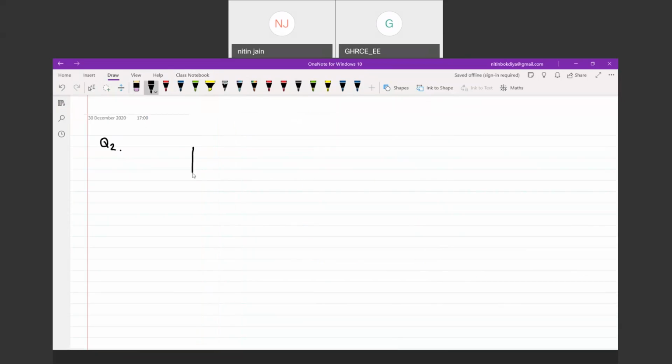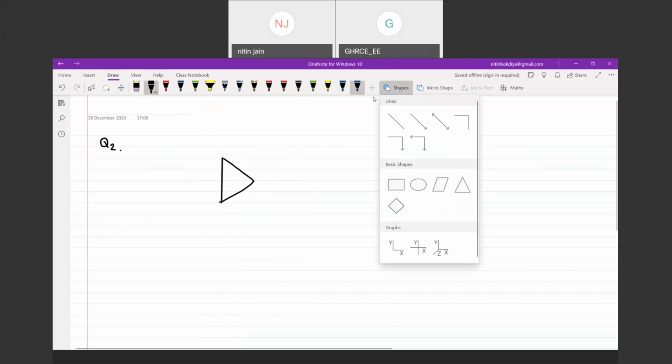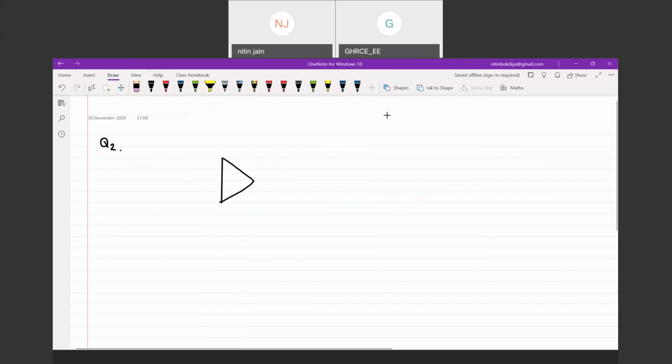Let's say this is one op-amp, and I am taking an ideal op-amp, a high gain op-amp.